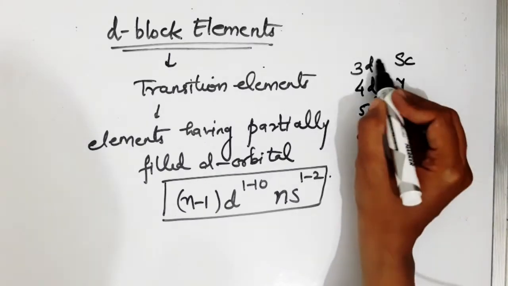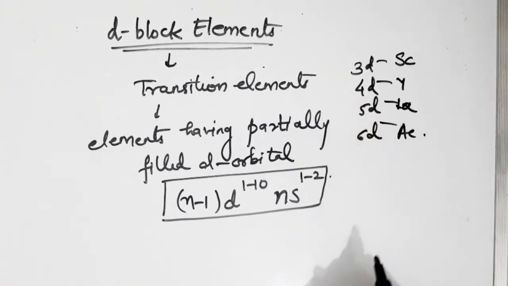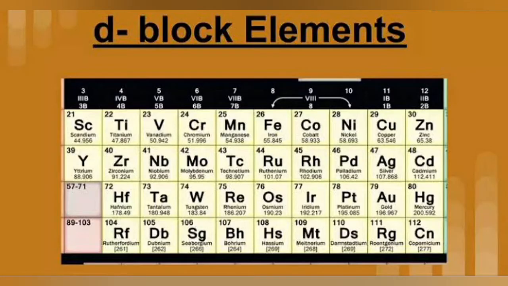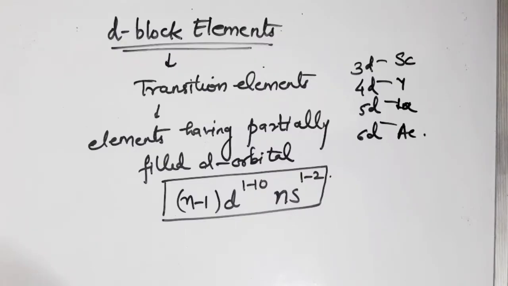These are the starting members of the 4 transition series. Now studying the general electronic configuration for the first transition series, that is the 3d series.